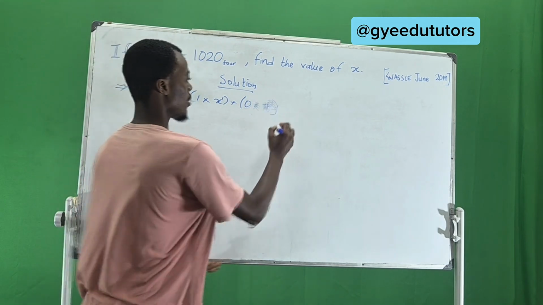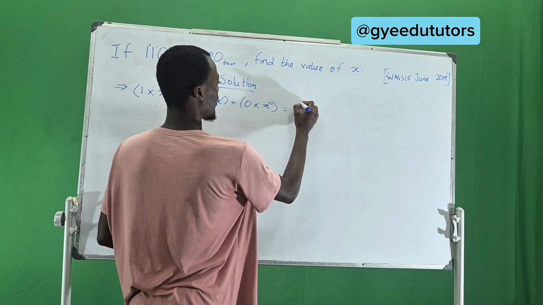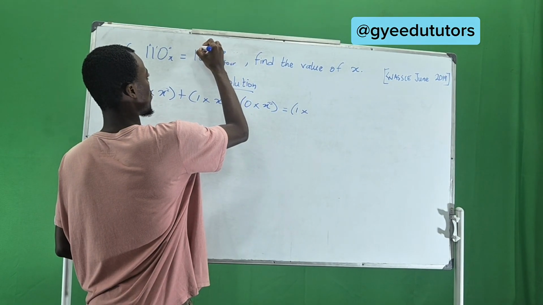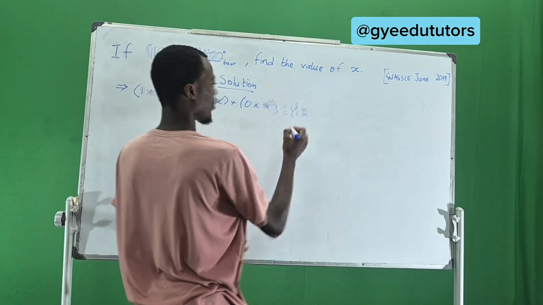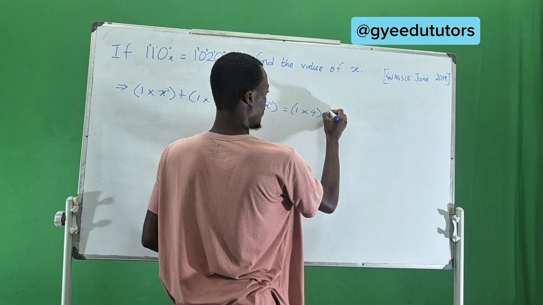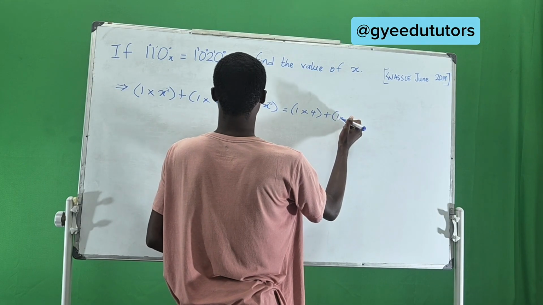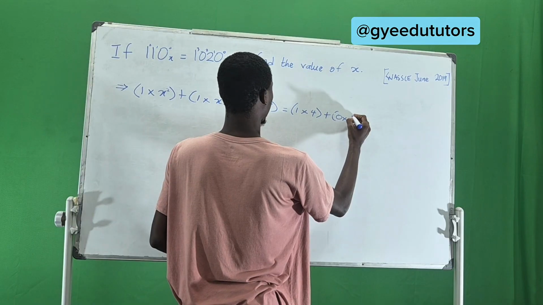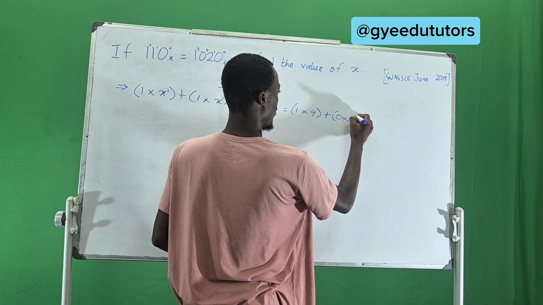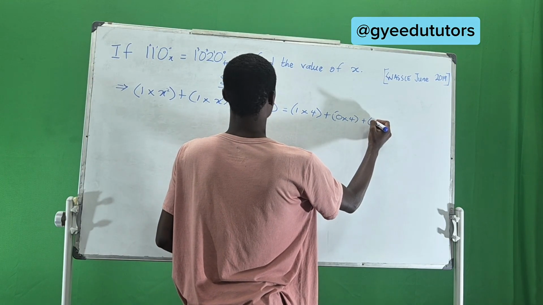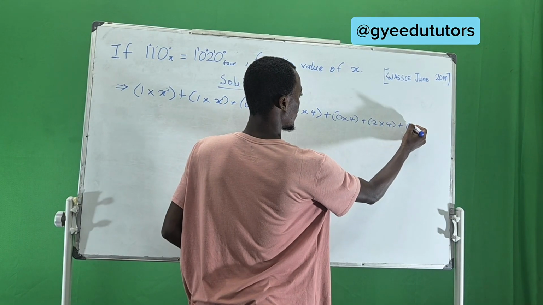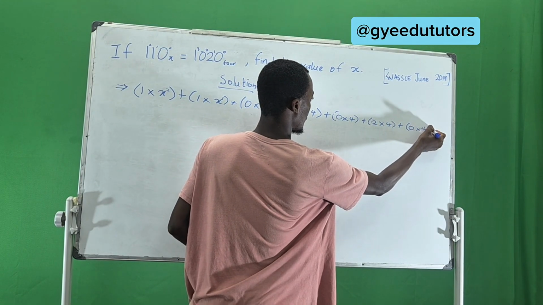Okay. So just like what we did for the left hand side, we do the same thing for the right hand side. So now, the right hand side, 1 times 4, plus 0 times 4, plus 2 times 4, plus 0 times 4.